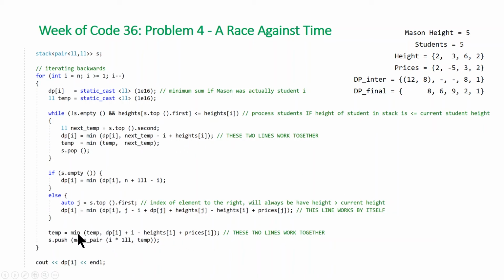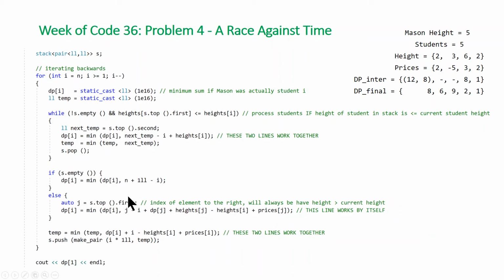So if you add DPI, which is the value it would take to get to the end from the current position, plus I minus heights I plus prices I, you can think of this I and this I as J, and then in the next iteration of the loop, we'll have a different index. The plus I minus I here backs out the 1 second per position.